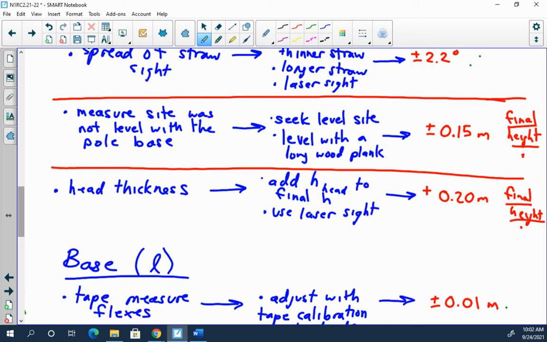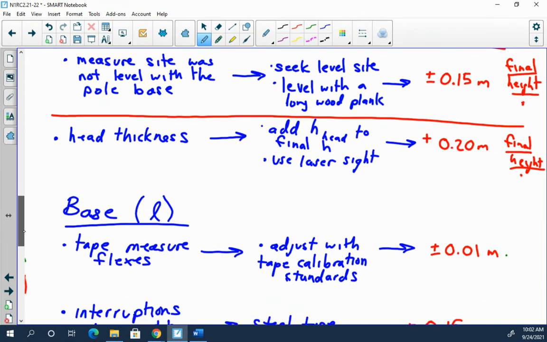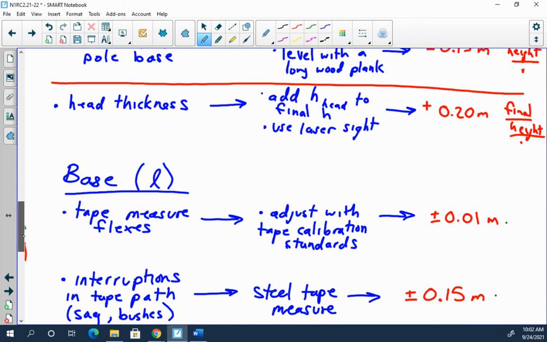So the final height measure could have been affected here. You could have been plus or minus 0.15, and from the head thickness, it was just a plus 0.20. Okay? So let's come over here and see how this affects. Those just get put on the answer.